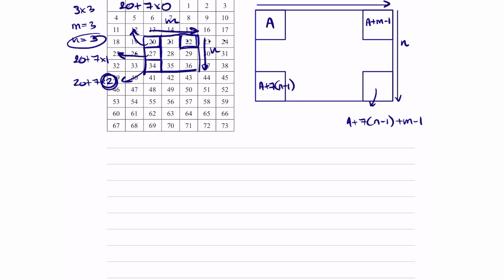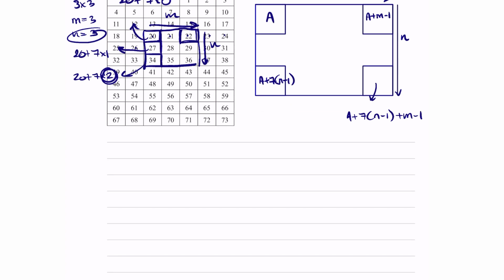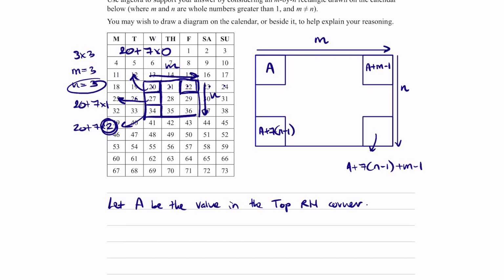Okay, so the proof for this is actually quite simple. It's like one line, but we need to explain how we got all the values in the corners. So let's start off our proof by saying, let A be the value in the top left hand corner.